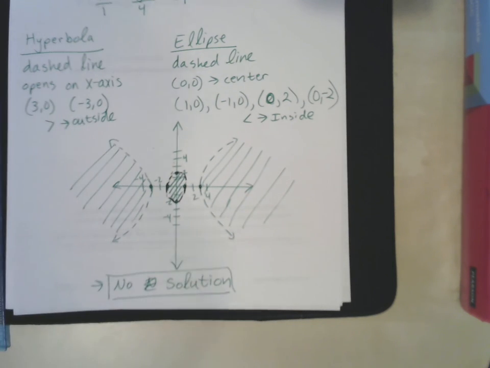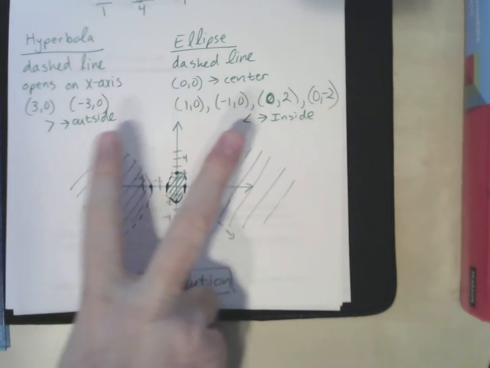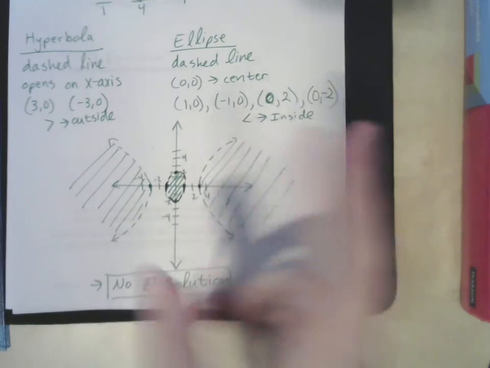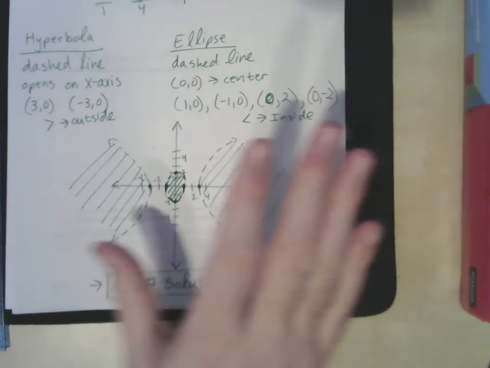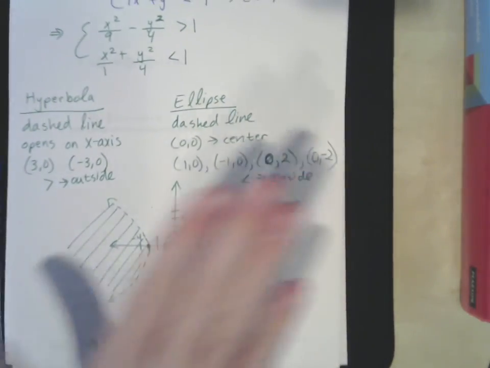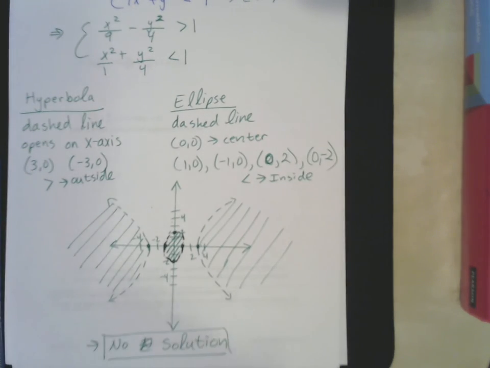Just like there can be no solution to systems of equations, they may not intersect. If they don't intersect or they don't have the right inequality symbols, then there would be no solution. Now, if we changed one of these, we would have a solution. So don't think that this is going to happen every time you have an ellipse or a circle with a hyperbola.